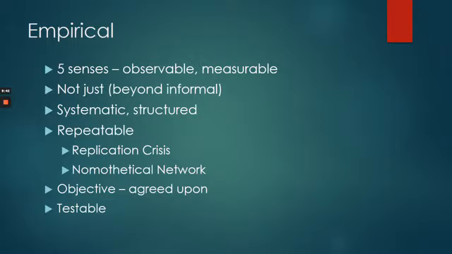It probably won't be exactly the same, but roughly the same. There should be a good agreement if my measure works well. So objective is that people can agree on what you see, what you're measuring. If I see aggression, you should see aggression also.